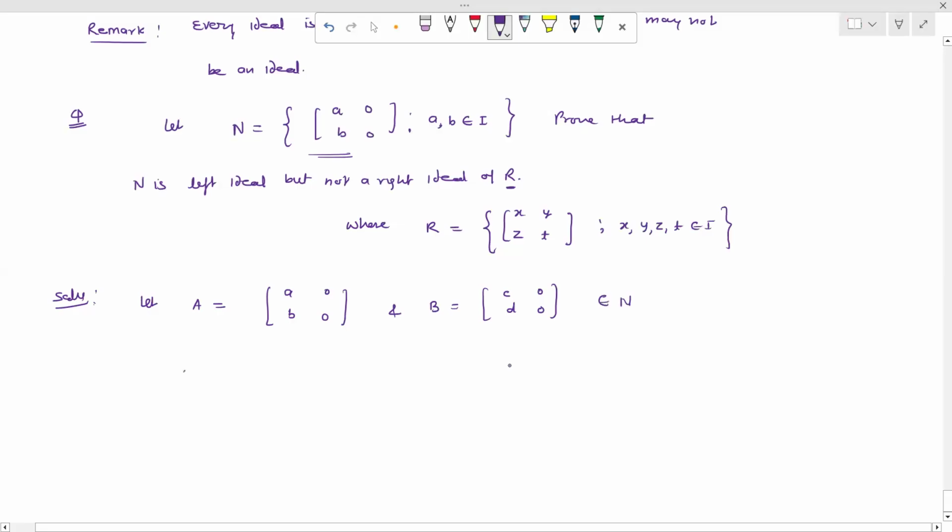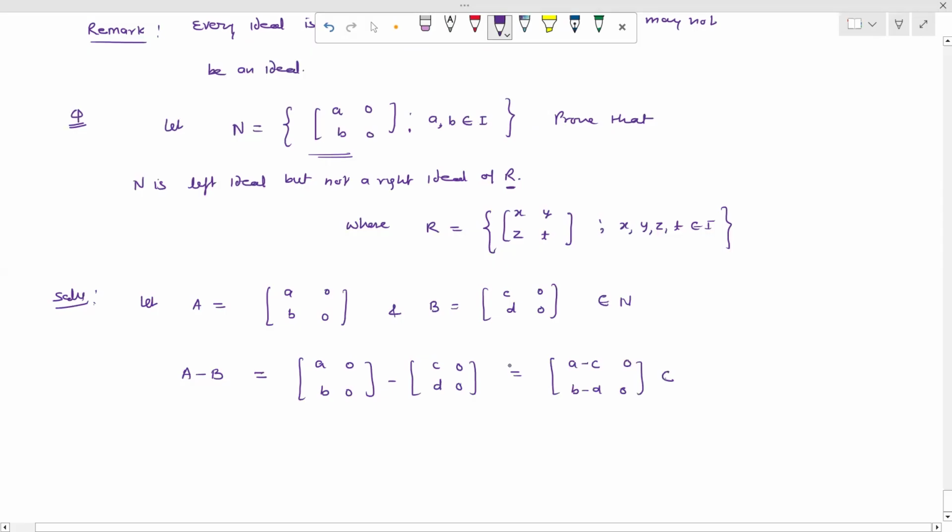Now when we apply the first property, what do we calculate? A minus B. When we calculate A minus B, this can be written as (a, b; 0, 0) minus (c, d; 0, 0). So we write this as (a minus c, b minus d; 0, 0).